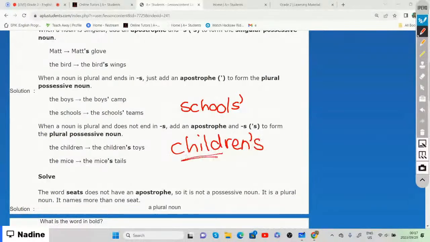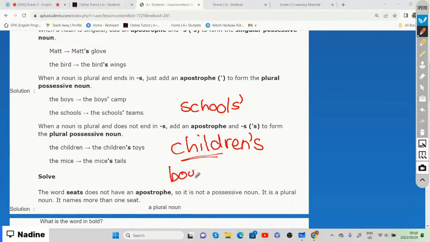But children is plural. So children is plural, yes, but it does not end in an S. So we basically add the apostrophe and we add the S. But if this plural had to end in an S, for example, boys, right?